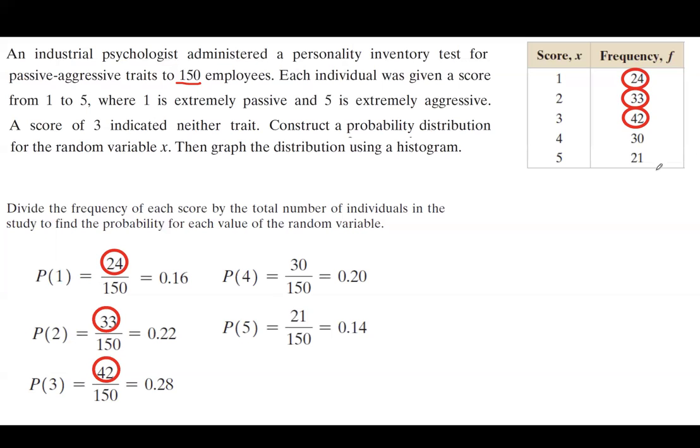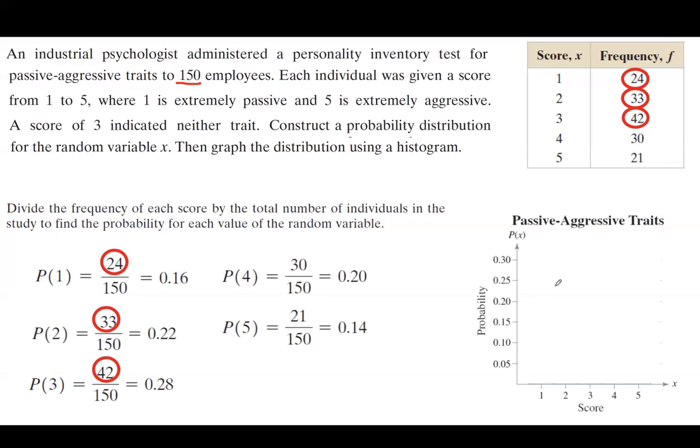Well, how do we visualize this? First of all, on the horizontal line, you list all the scores, because scores are your variable. Variable x is 1 or 2 or 3 or 4 or 5, which lands on the horizontal line. On the vertical line, you have the probability.